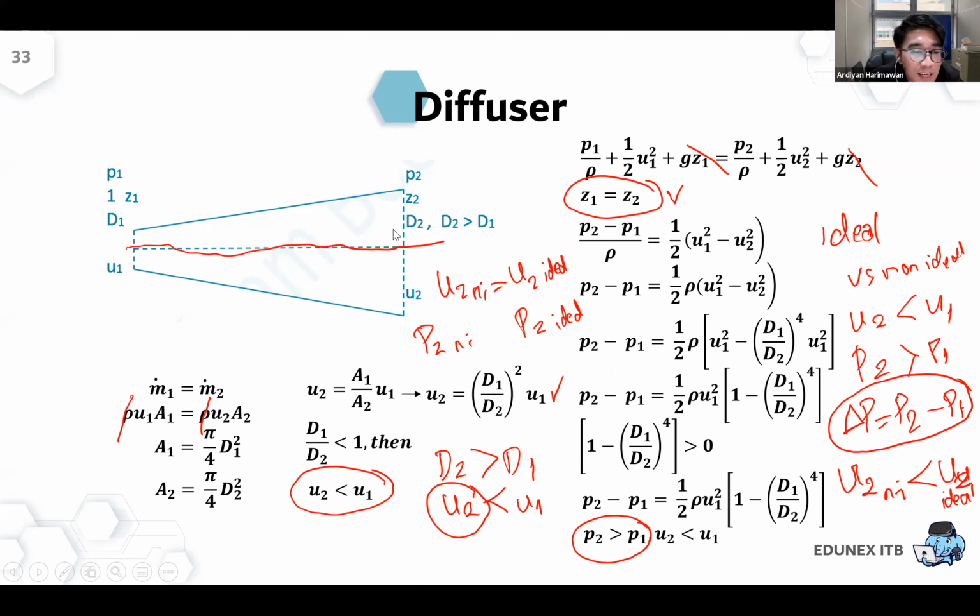The outlet velocity remains constant in real condition, which means the energy loss is compensated to the pressure energy. So what will be the outlet pressure in non-ideal compared to the ideal? Will it be lower or higher?